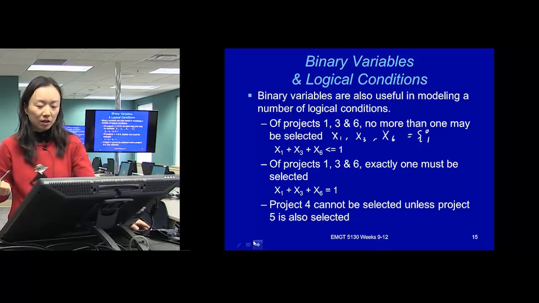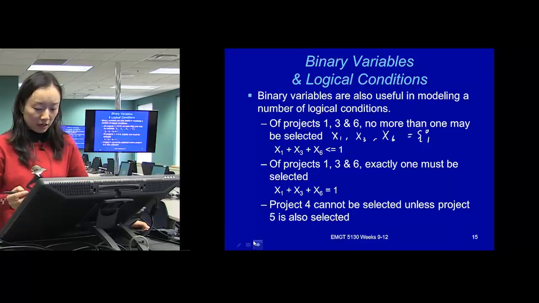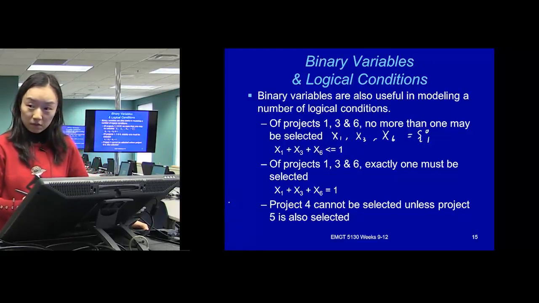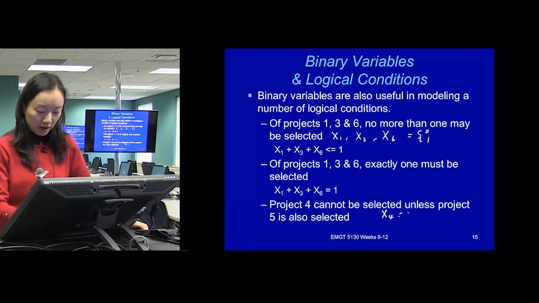Let's think about this one. 4 cannot be selected unless 5 is also selected. X4 equal to X5? So what we are saying is, if 4 is selected, which means it's 1, then 5 has to be selected, 1.